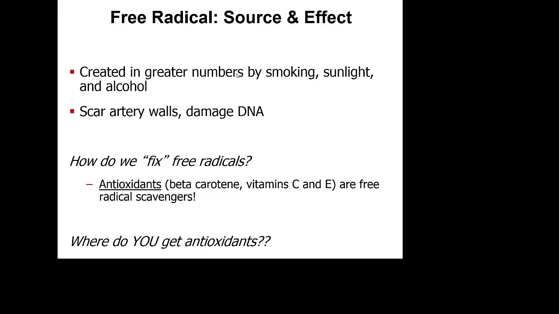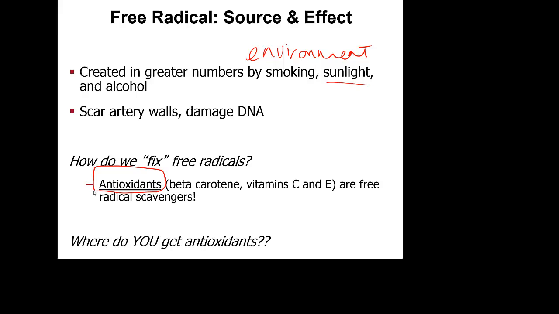This is critical to think about because most free radicals come from the environment. So things that we are exposed to, smoke, sunlight, alcohol, all of these things actually produce free radicals in our body. So we actually take and help to fix them by taking things known as antioxidants.